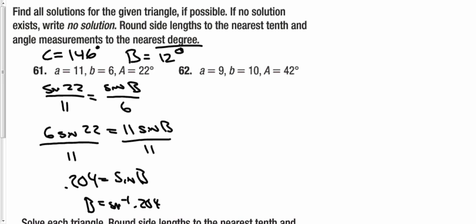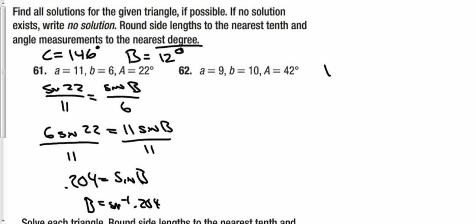Let's try number 46, which is slightly more difficult. Okay? Because A is acute, and because A is less than B, we have to find H. So first step here is to find H and to figure out if this triangle has no solutions or two solutions.